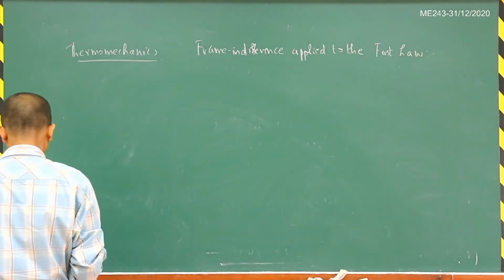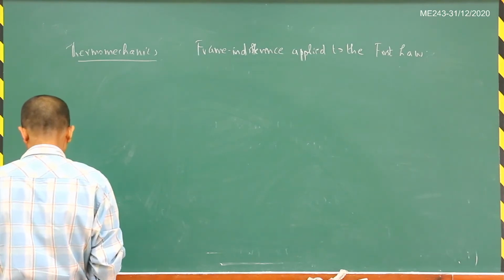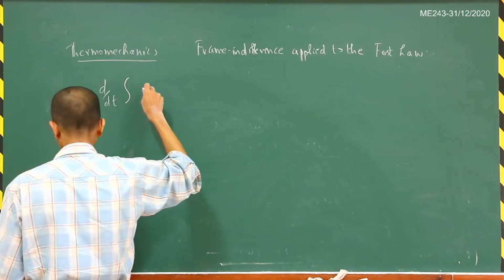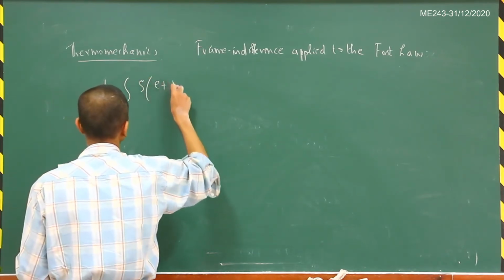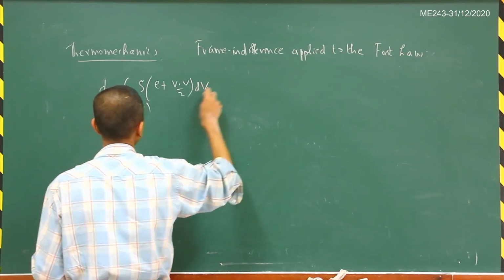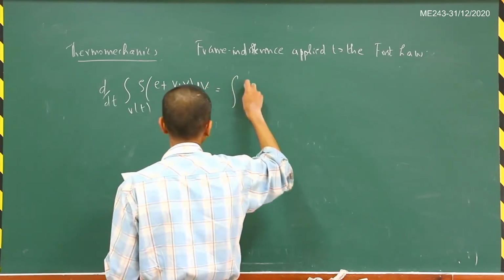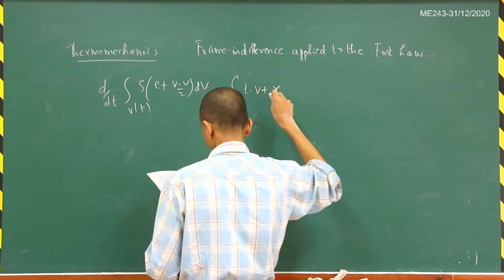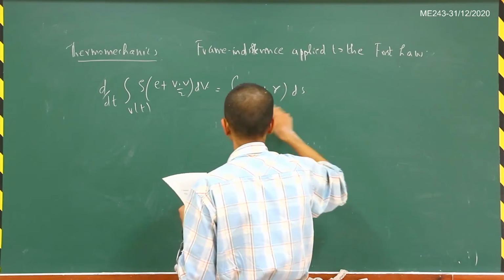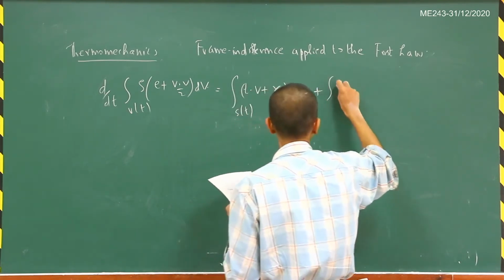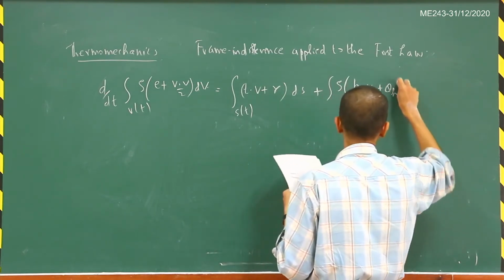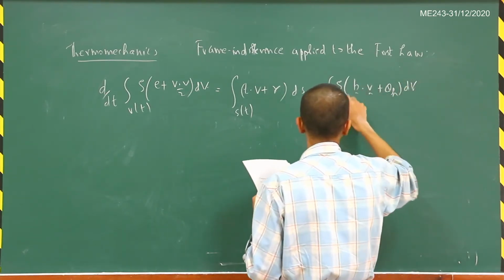Okay, so let us look at what the first law states here. So d by dt, we have seen that d by dt of the integral of rho times (e plus b dot b divided by 2) times dv over V of t is equal to the integral of (t dot b plus gamma) times ds over S of t plus the integral of rho (b dot b plus q h) times dv over V of t.